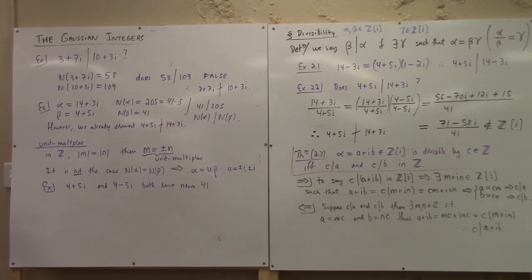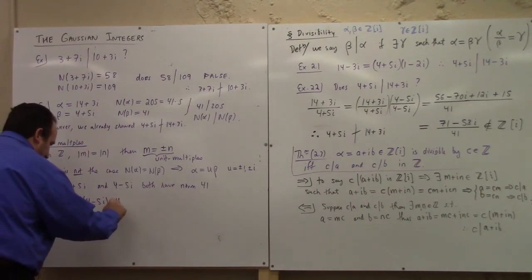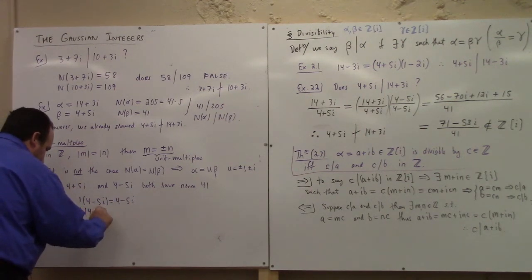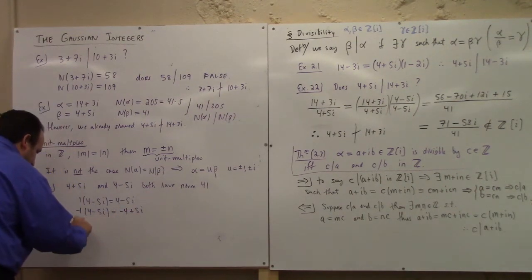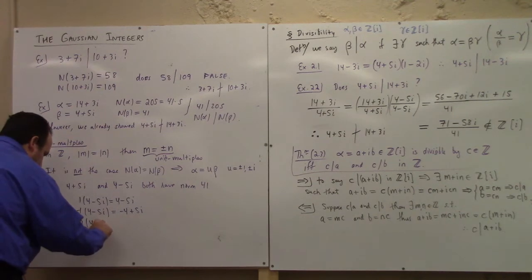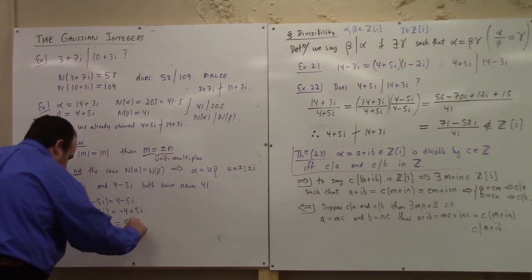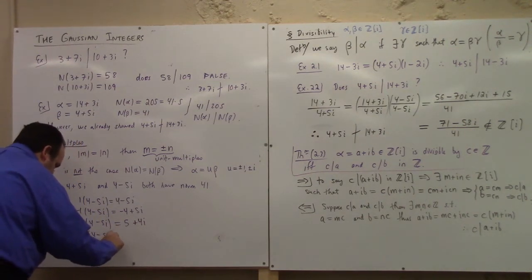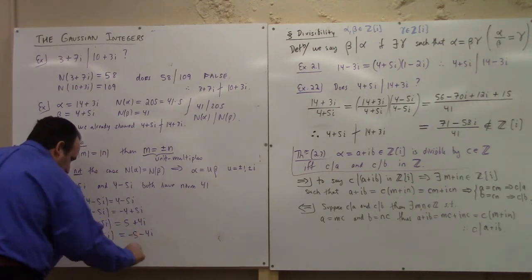Well, you have 4 units, so check it out. 1 times 4 minus 5i is 4 minus 5i. Minus 1 times 4 minus 5i is minus 4 plus 5i. i times 4 minus 5i is 5 plus 4i.